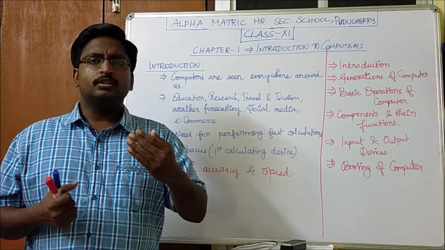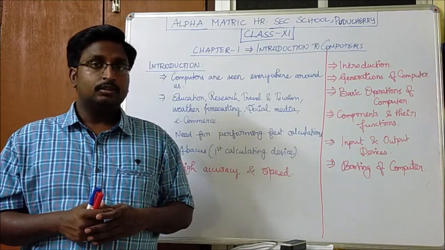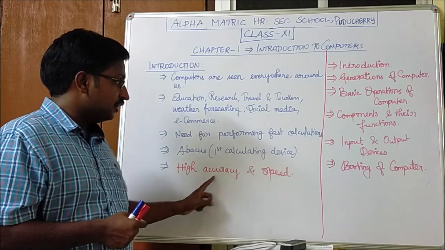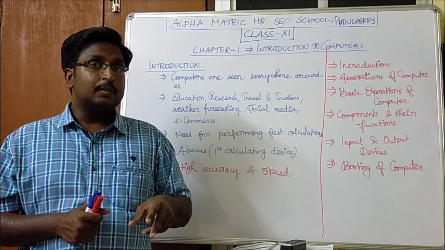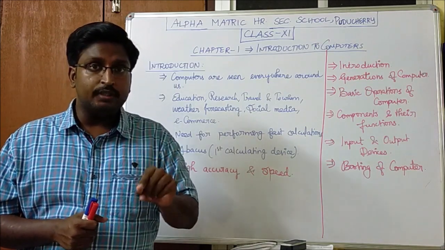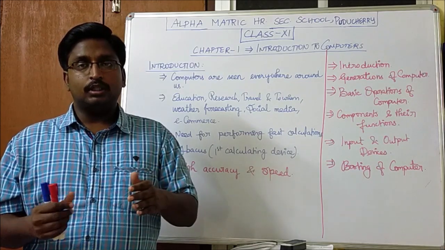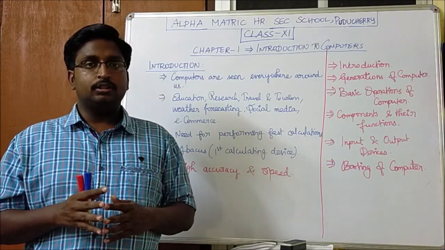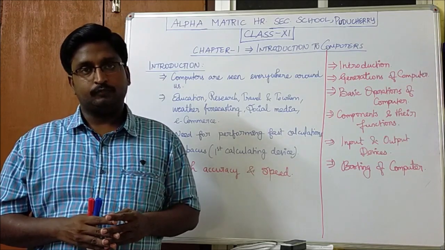So what makes human beings depend on the computer? These two things: high accuracy and speed. So this is the small introduction to how the computer came into the picture.